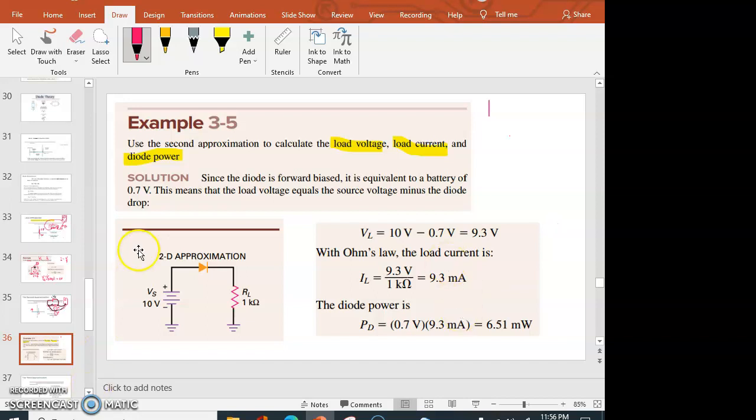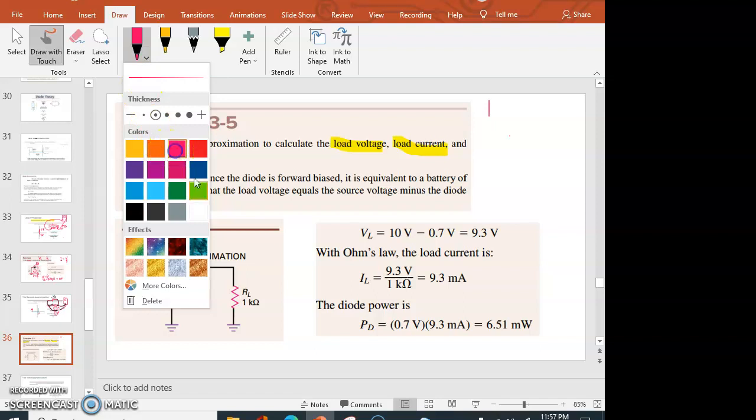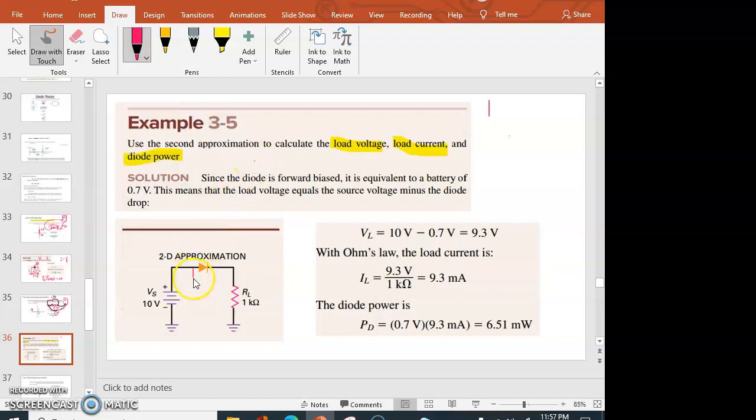Let's first check the diode. What type of bias does the diode have? The anode, which is positive, is connected with the positive terminal of the supply voltage, and the cathode is connected with the ground, which is connected with the negative. Therefore, the diode is in forward bias.